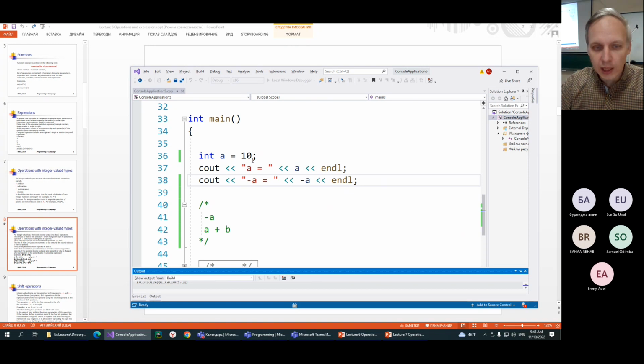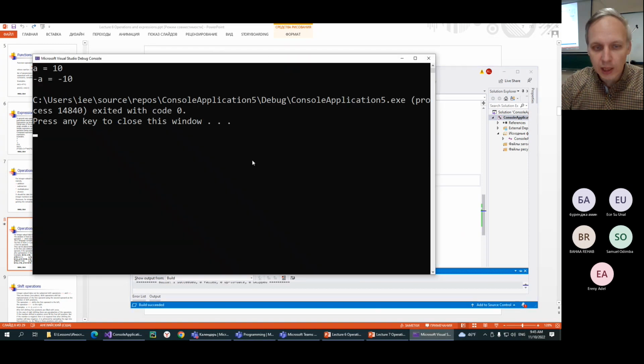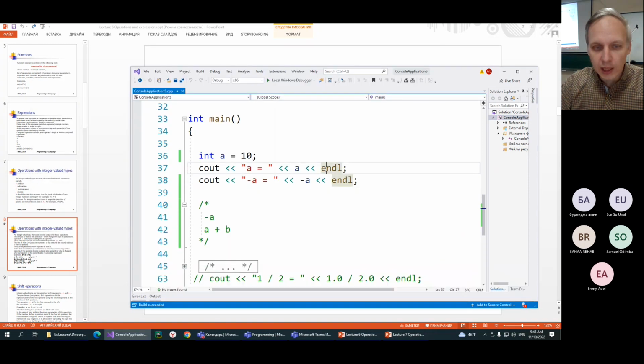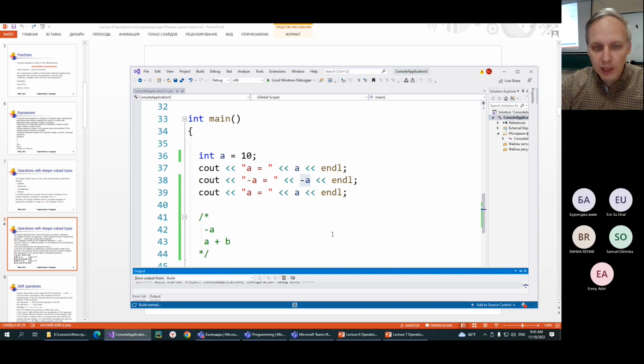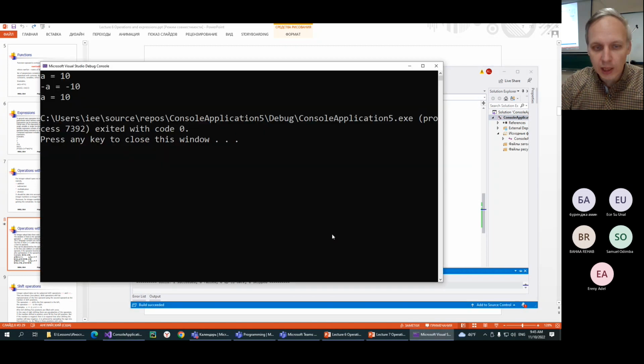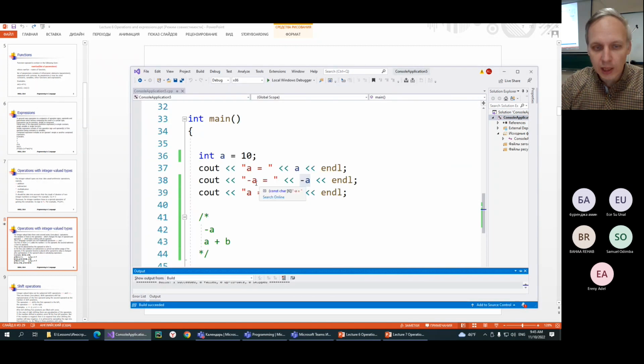Pay attention that when we apply minus, A will not change. If I output to the screen A, it is still 10. Minus A will be minus 10. So the value of A is not changed here.